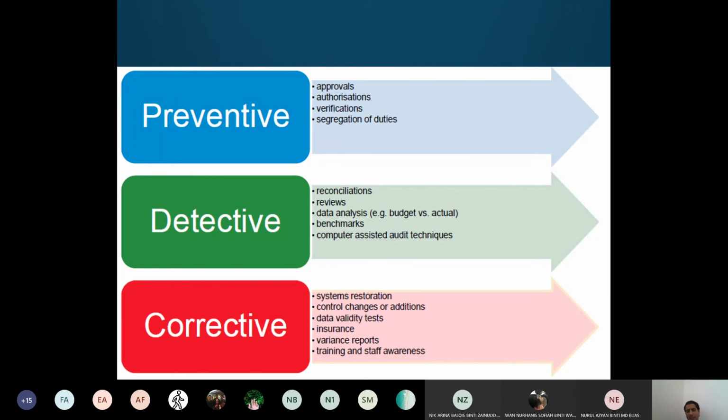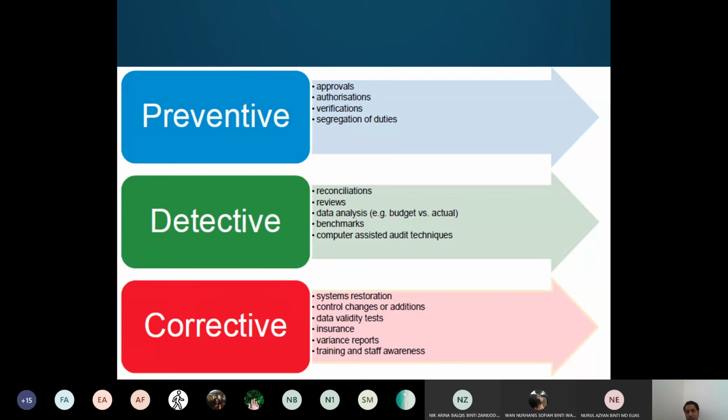Whereas detective internal control activities are reconciling, review, data analysis, budget versus actual, benchmarking, and computer-assisted audit techniques, and we can call all of this internal audit or independent review. And then we have corrective.